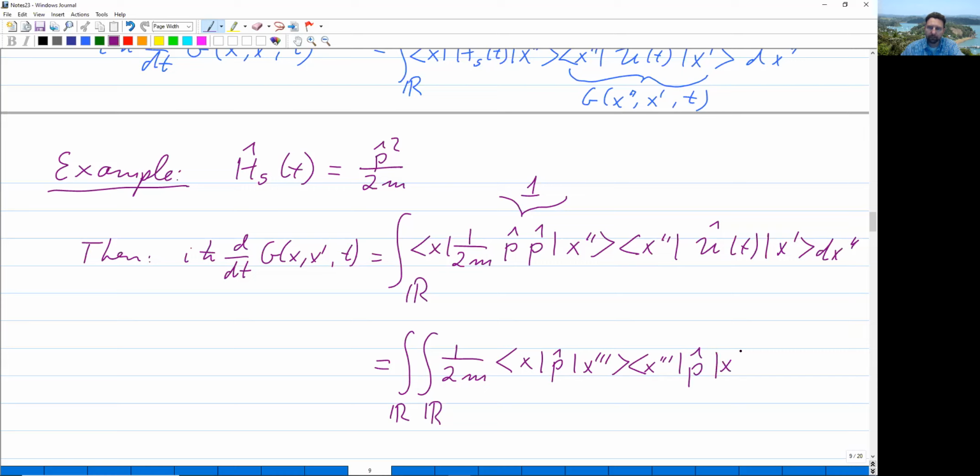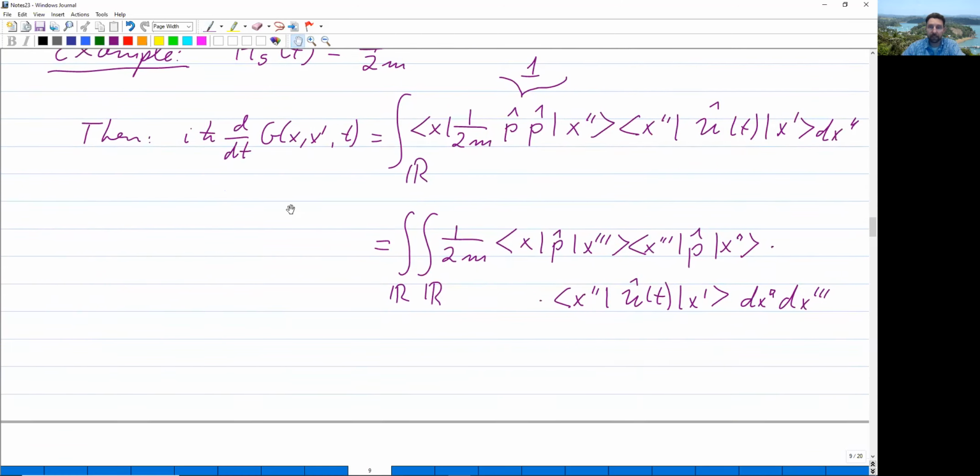And then x double prime, that's this one now. And then this goes on over here. We're multiplying with the x double prime, u hat of t, x prime, dx double prime, dx triple prime, where we recognize that this is, of course, a Green's function here.